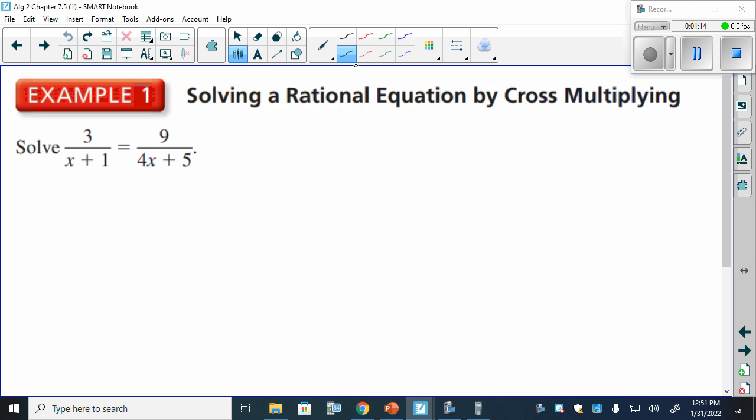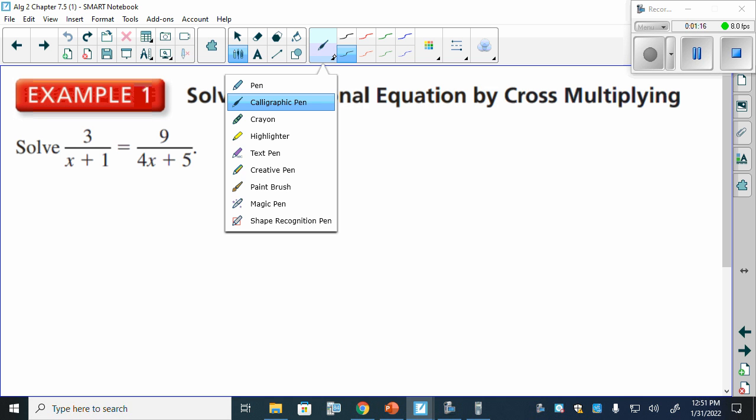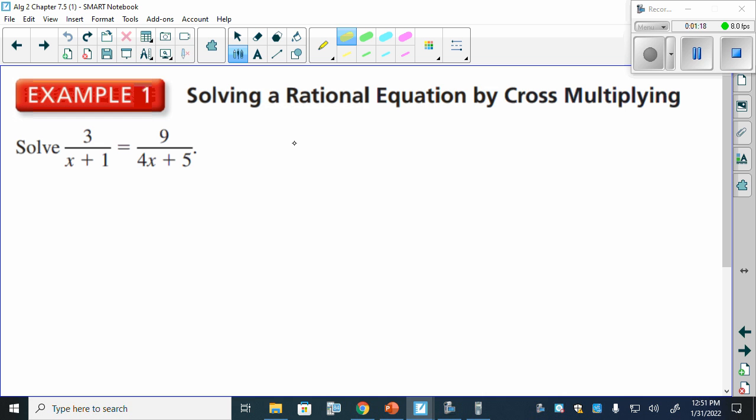Now, again, with any of these rational equations, we will have restrictions, because the denominators cannot be 0. We cannot have a value of x that will make the denominator 0. The way that we can find these restrictions is just setting the denominators equal to 0 and solving for what value of x would make them 0.